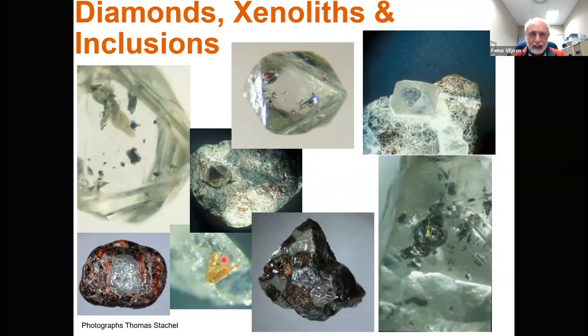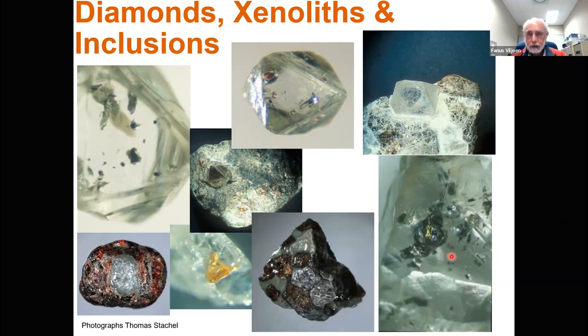That orange color is a sure enough indicator that you are dealing with an eclogitic garnet sitting in this diamond, and hence we consider this to be an eclogitic paragenesis diamond. There's a fragment of eclogite, a fragment of peridotite because of the color of the garnet over here, and it is diamond bearing. Over here we have another diamond bearing eclogite.